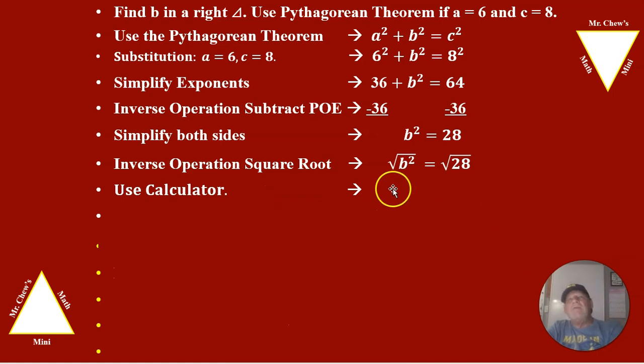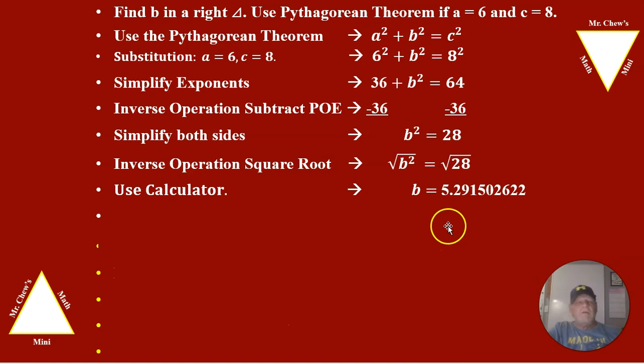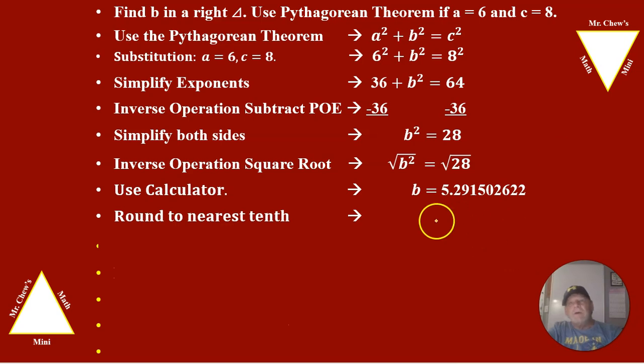Now you need to use a calculator, and I'm going to write down all the digits that come up on my TI-30 calculator that I use. And now we're going to have to round to the nearest tenth. When I teach rounding, I always ask my students to underline the digit that they're rounding to. It says to round to the nearest tenth, so I'm rounding to this 2.